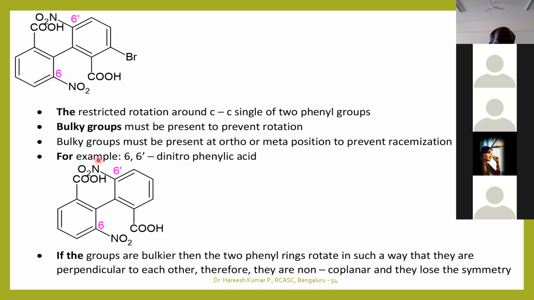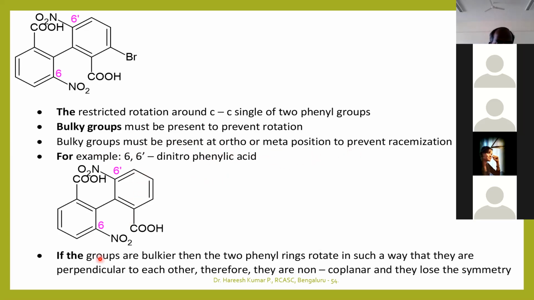So these are the conditions, the features of biphenyl compounds. There is restricted rotation around the carbon-carbon single bond of the two phenyl groups. Bulky groups must be present to prevent the rotation. Bulky groups must be present at the ortho positions to prevent racemization.